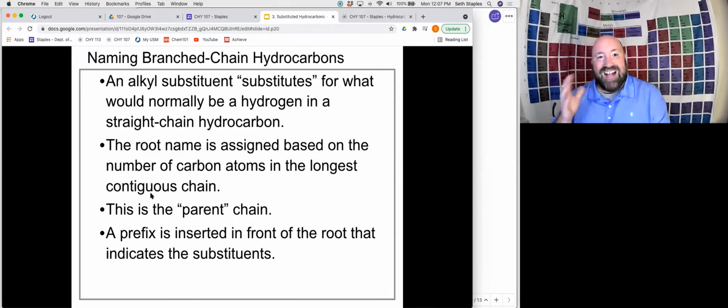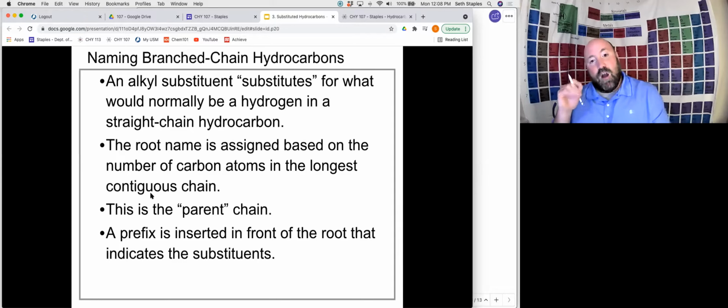An alkyl substituent is something that substitutes for what would normally be a hydrogen in a straight chain hydrocarbon. The root name, and I know that I said this a lot, but this can't be stressed enough, is still going to be based on the number of carbons in our longest continuous chain.